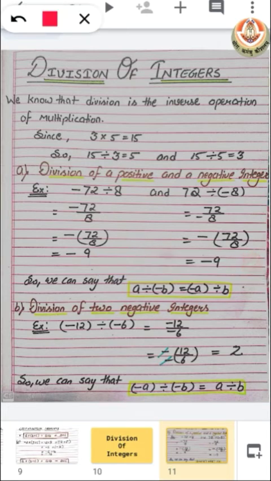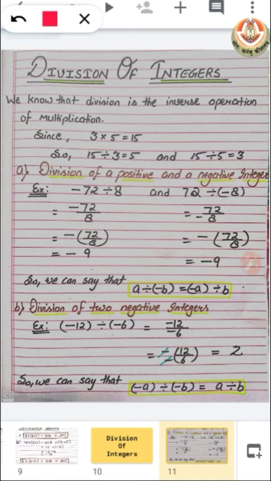Now, in division of integers, we will learn first about division of a positive and a negative integer. For this, we take an example. Minus 72 divided by 8. Here we have one negative and one positive integer.